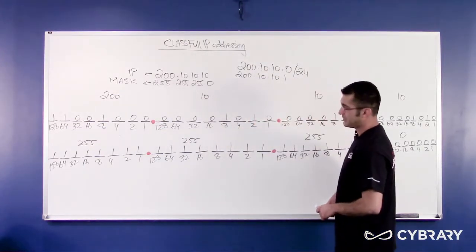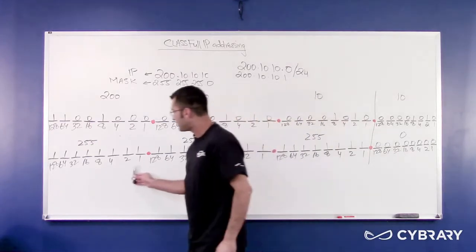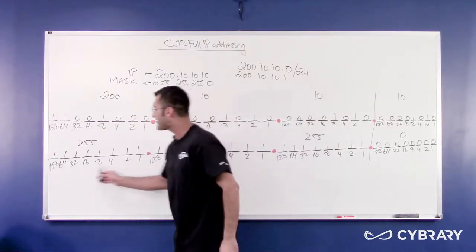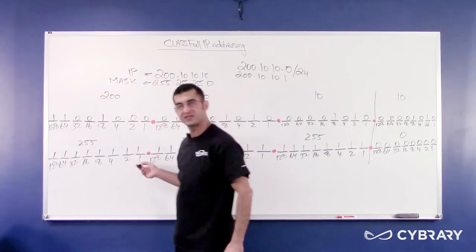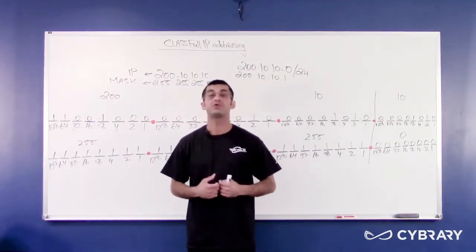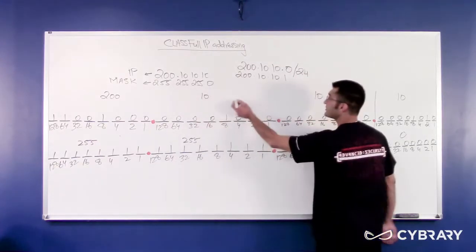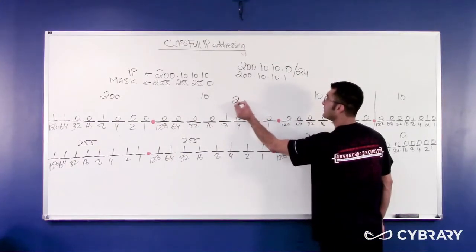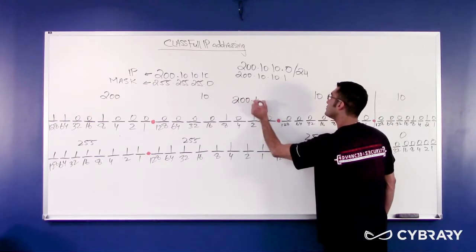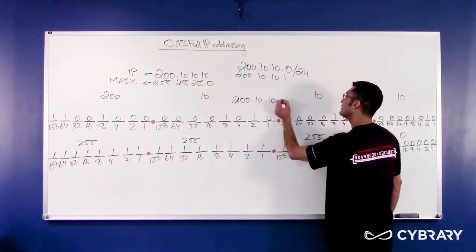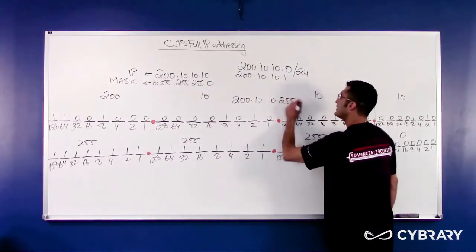Well, as you have seen, if an octet is full, so you take any octet and turn all the bits on, that's the maximum number you can derive from it, which is 255. So the last address on this street is going to be 200.10.10.255.